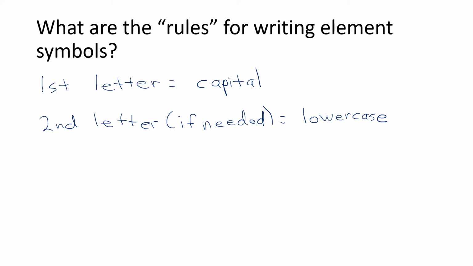When I go to test this on a test or a quiz, be real clear about this. You are always going to have a periodic table handy. So it's not likely that I'm going to say, what is the symbol for sodium? Because then you just find sodium on the periodic table and you say, oh yeah, that's Na.